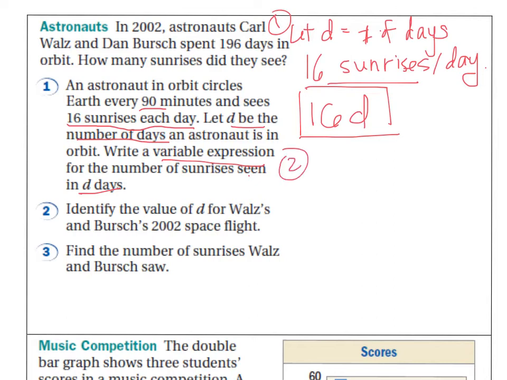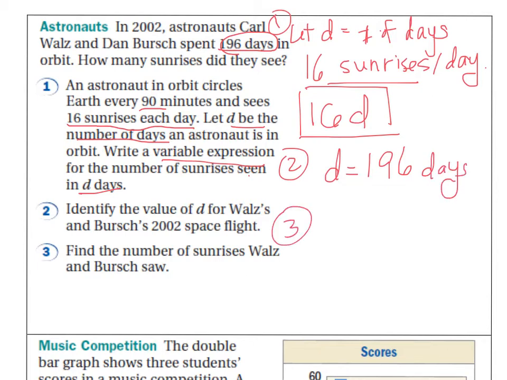Two, identify the value of D for Walz's and Bursch's 2002 space flight. So it said in the beginning that these two men spent 196 days in orbit. So D equals 196 days.